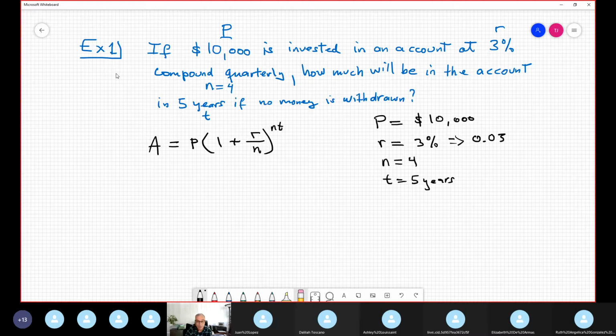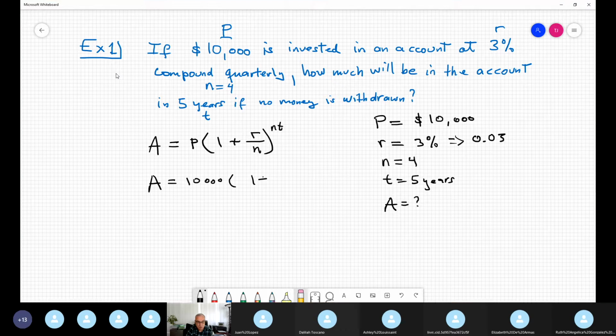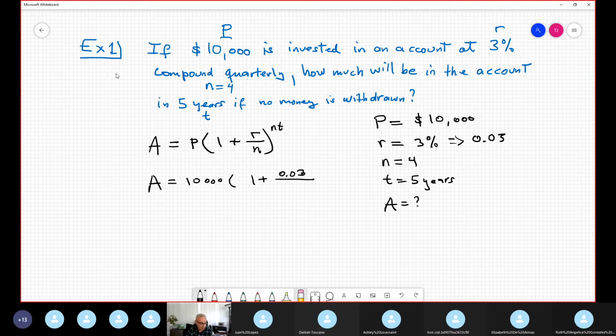And substitution, because I want to find the future value, the money in 5 years. Okay, A is equal to 10,000 times (1 plus 0.03, which is the interest rate expressed in decimal, divided by 4), raised to the nt.